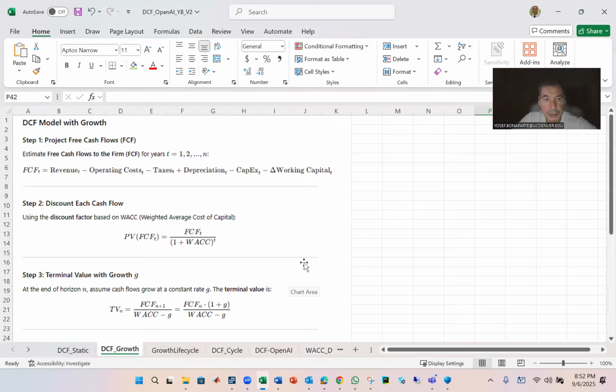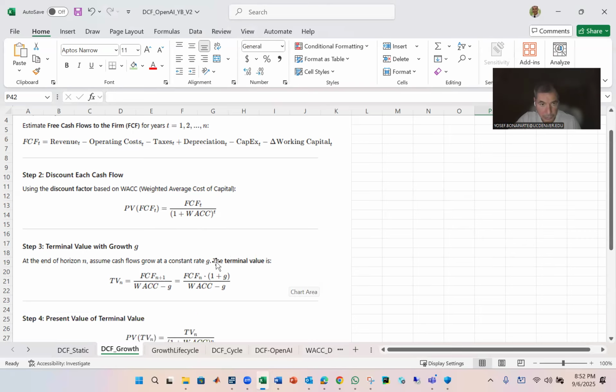But if you have growth, what is that growth? Like the free cash flow growing fast, like 20%, 30%, negative 6, negative 10. The free cash flow is revenue minus operating cost minus taxes, depreciation, CapEx, working capital. So what if this is growing 10%, 20% every year, 5%? Well, the present value at the terminal value is the free cash flow at n plus 1, divided by the WACC, the discount factor, minus g, the growth of the cash flow.